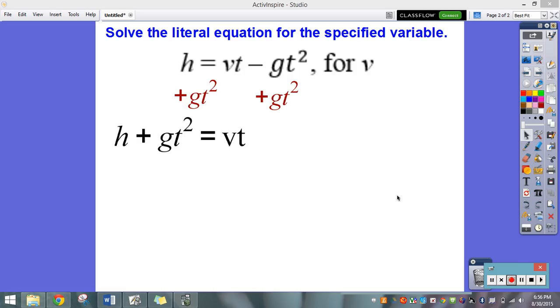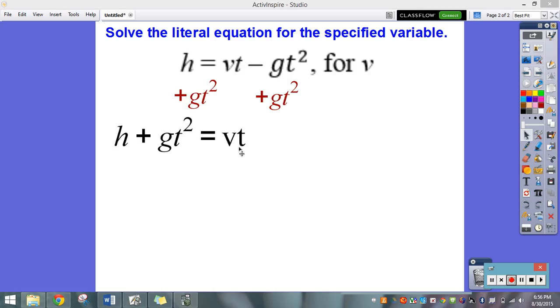The last thing I have to do to solve for v is to get rid of this t. I need to move it to the left-hand side. This time I do want to separate the v and the t, the two variables beside each other. So instead of adding and subtracting, that's when I want to multiply or divide.